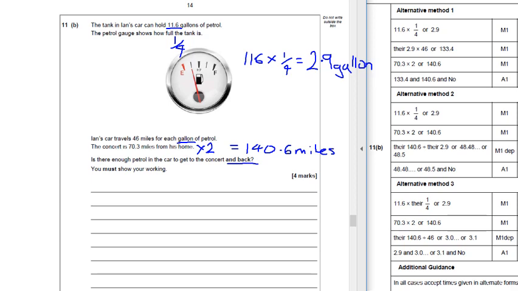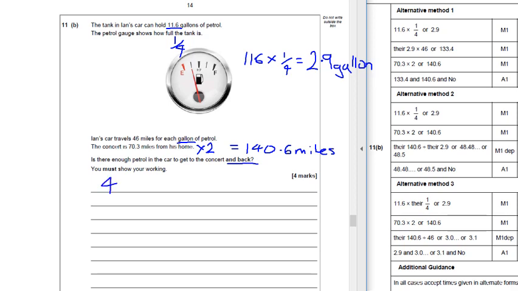So it says he does 46 miles each gallon of petrol. So 46 miles per gallon is what his car does. That sounds quite efficient. I think mine's on about 40 or 35 miles per gallon. Again, I know that, but I can't buy a gallon of petrol without using a calculator.